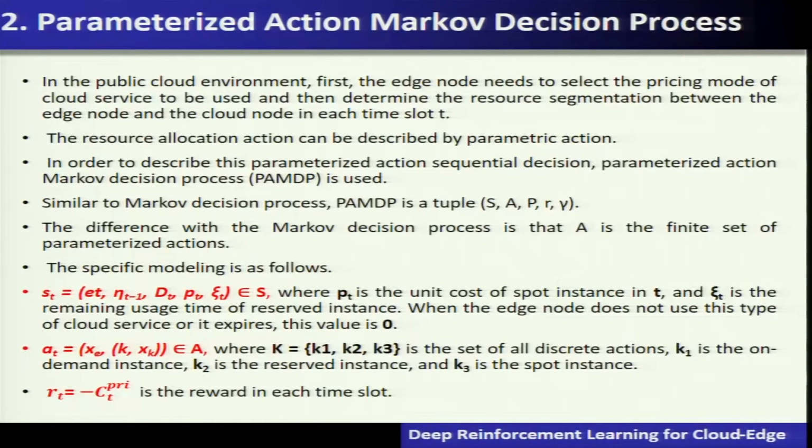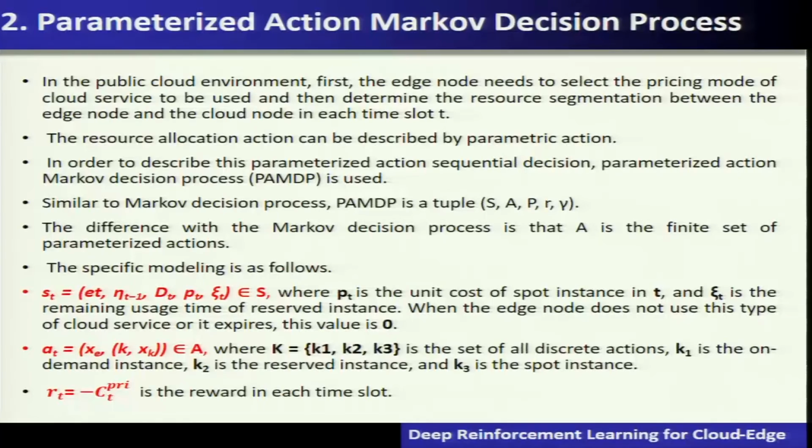So let us see, if the edge cloud or a cloud edge environment or a collaborative environment considers the public cloud, then you know that the public cloud has different cost model offerings. Therefore, there is the problem of choosing whether an on-demand instance, a reserved instance or a spot instance, which of these instances from a public cloud is being chosen.